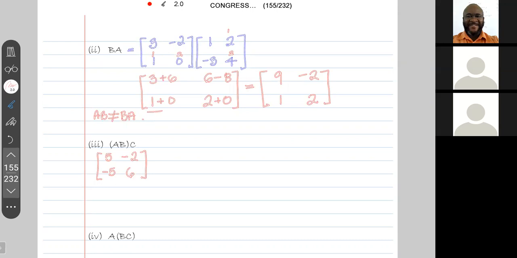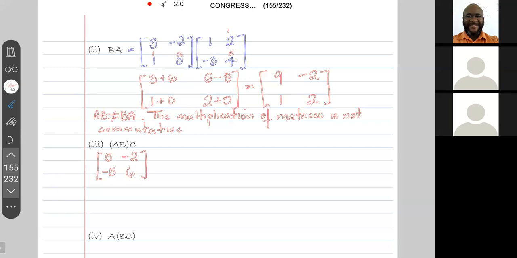So the multiplication of matrices is not commutative.